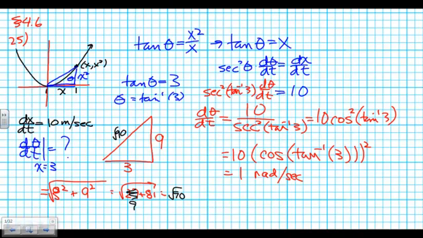So this is the angle that gives me that tangent. What is the cosine of that? 3 over root 90.